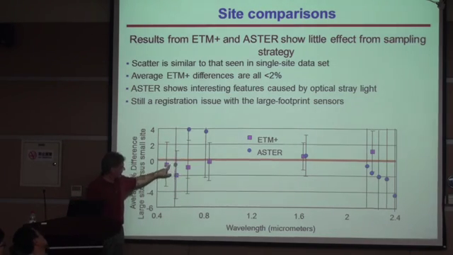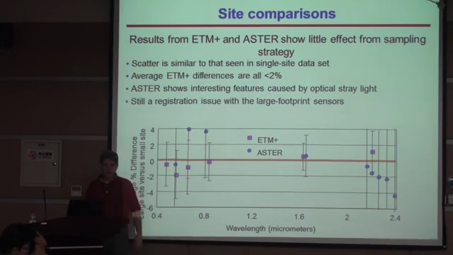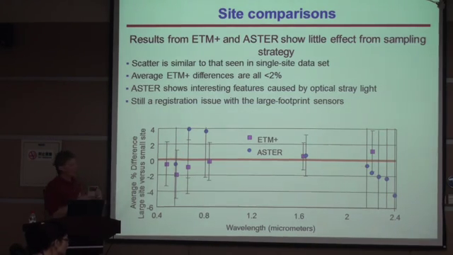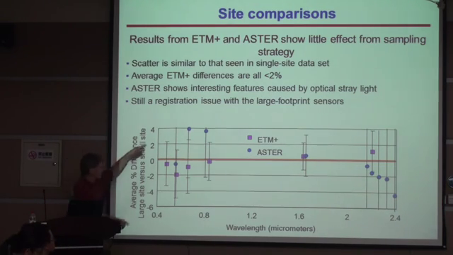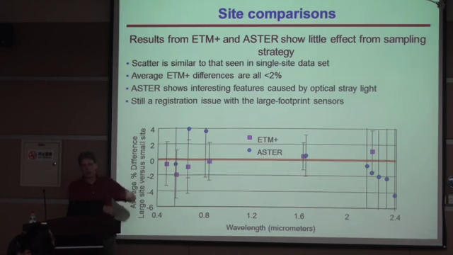This one they had finally changed some of the effects with band 1, but we still had some issues with band 2 and 3. It was always a fight to try and get the different groups within the Aster science team to agree on, we really need to change the calibration coefficients. And again, it was, well, you have these large uncertainties because of repeatability and things like that, and so we'll wait for another data set. Let's wait for another data set.